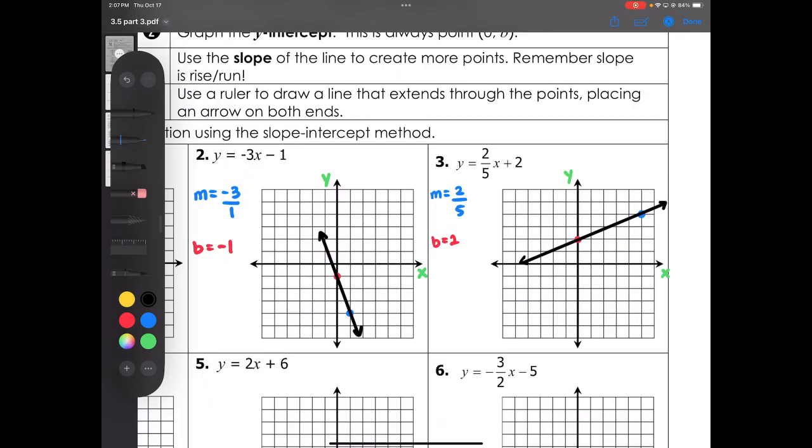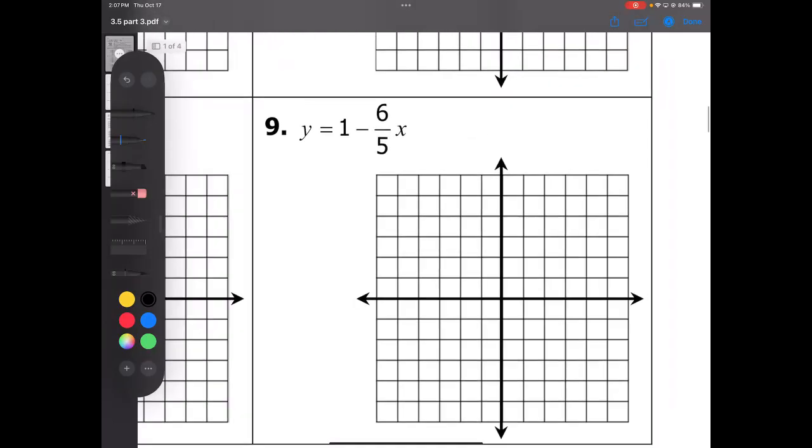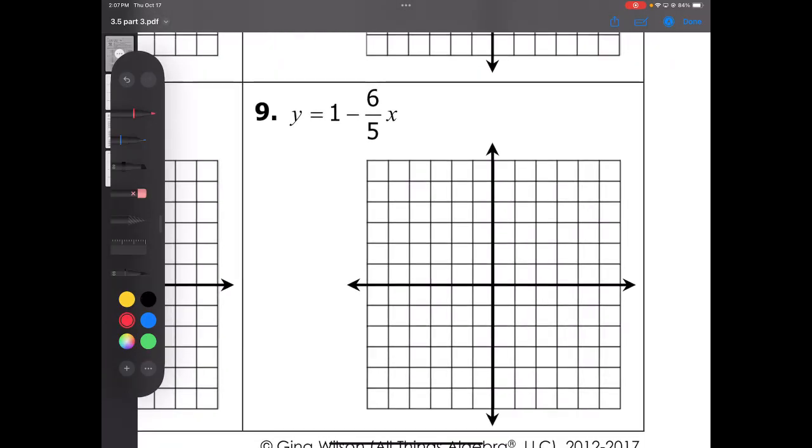Okay, can I show you guys one more thing? Number 9. It looks weird, right? Let's see if you guys can get it. What is my slope?